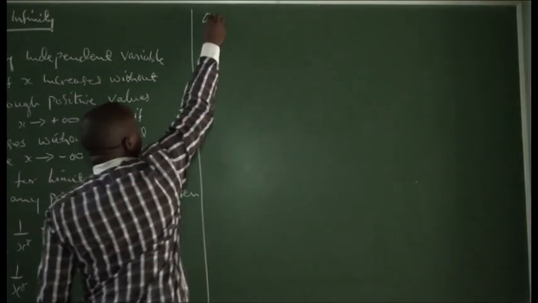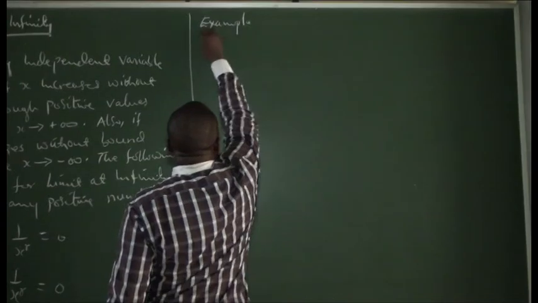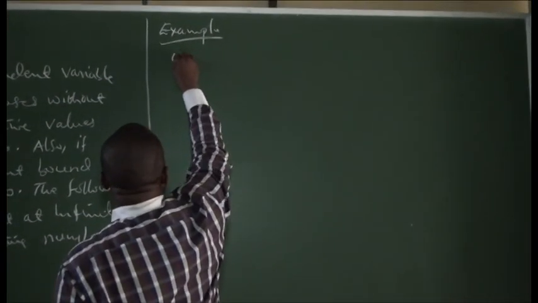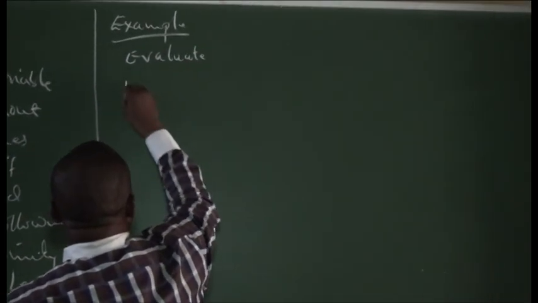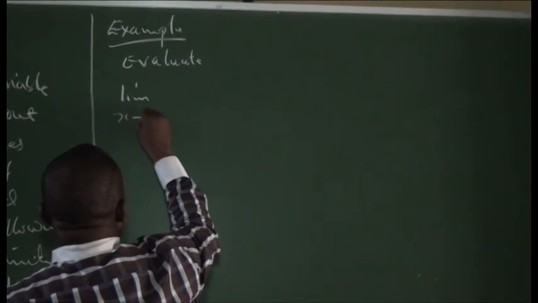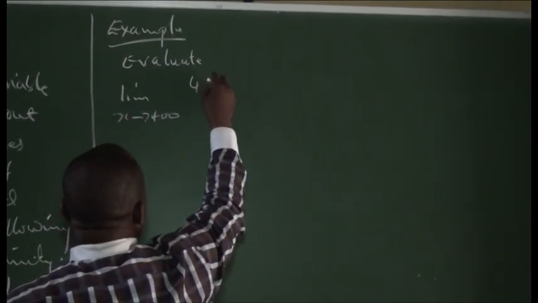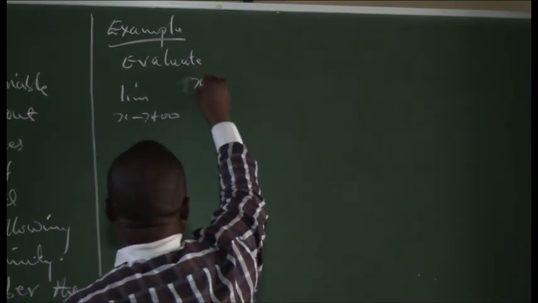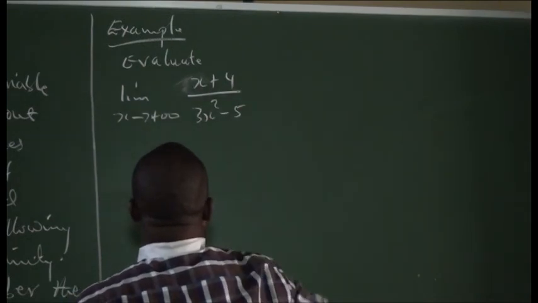Example: evaluate the limit as x approaches positive infinity of x plus 4 over 3x squared minus 5.